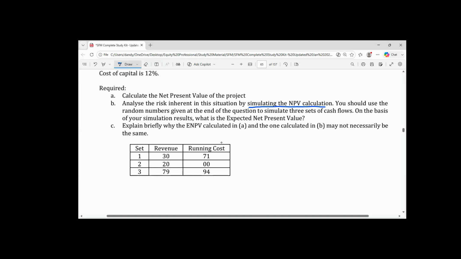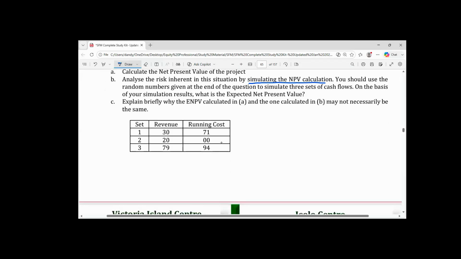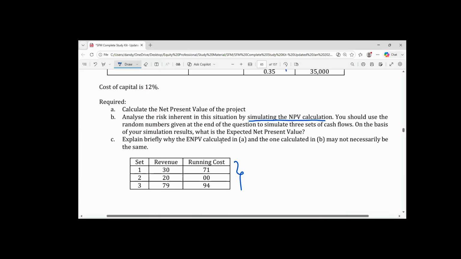C, explain briefly why the NPV calculated in A and the one calculated in B may not necessarily be the same. So this is the random number given that examiner said we should find at the end of the question. All right, so this is the question.